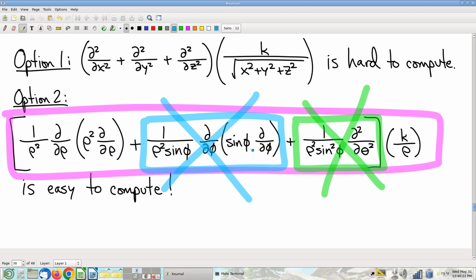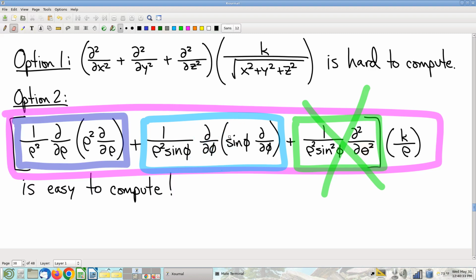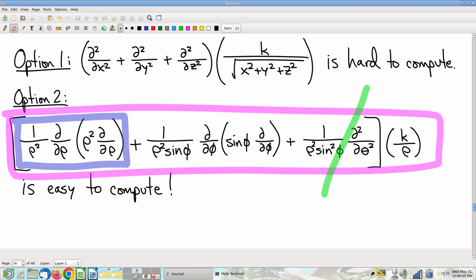This is much better. Now, admittedly, there is a little bit more work to be done here, but it's still not bad. Let's watch what happens here. Just for convenience, I'm going to get rid of all of the markings there. When I take a rho partial of this, okay, it's not 0, but aside from constant factors, there's a 1 over rho squared.